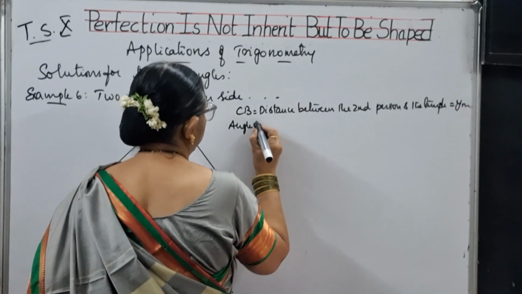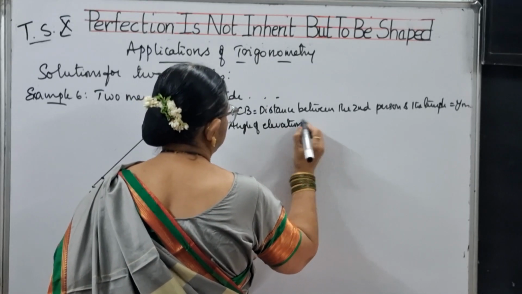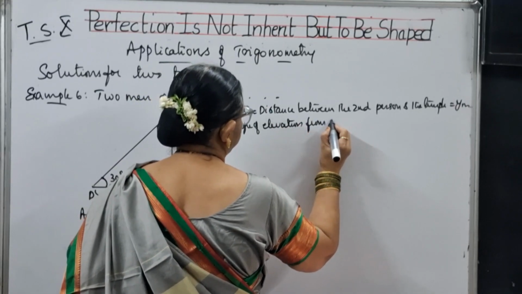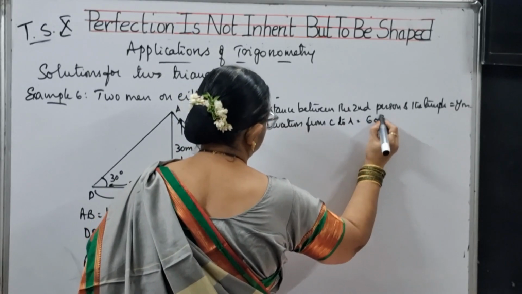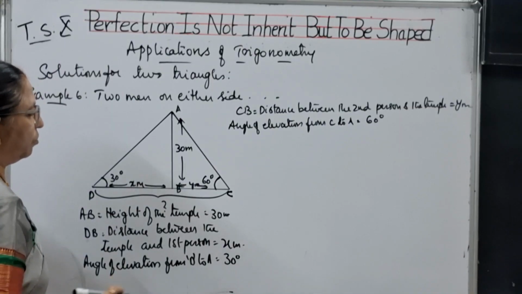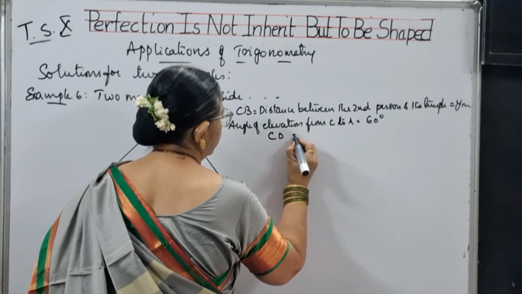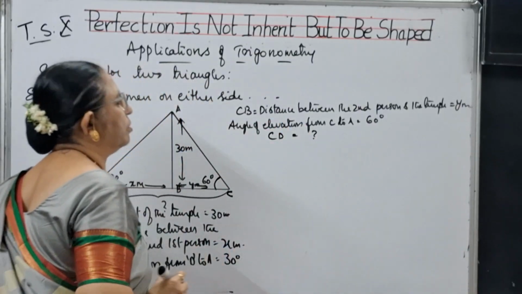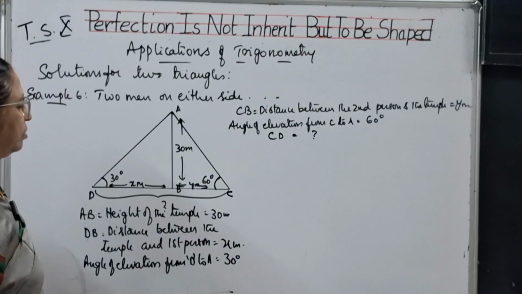Then the angle of elevation from C to A is equal to 60 degrees. This is what you have got. Now we need to find out what the problem is. CD is equal to how much is the question. The distance between the two persons is how much.